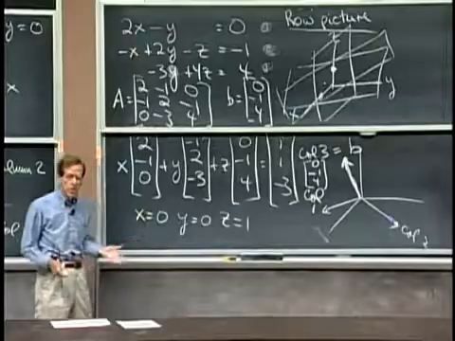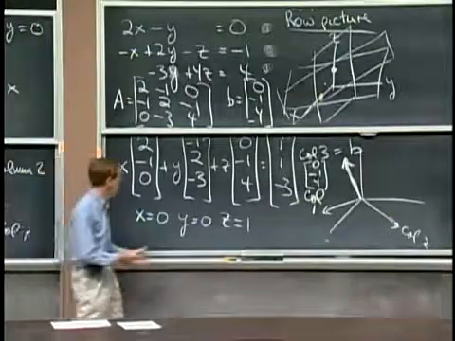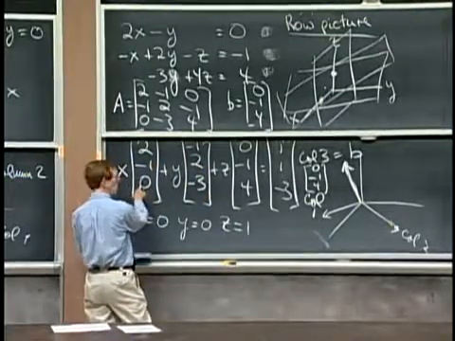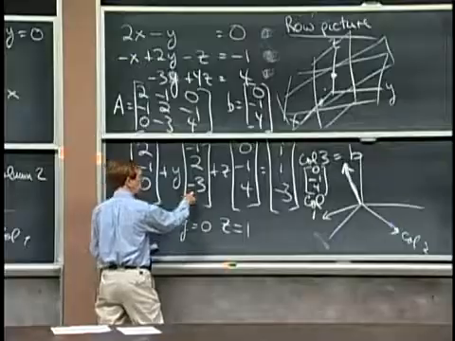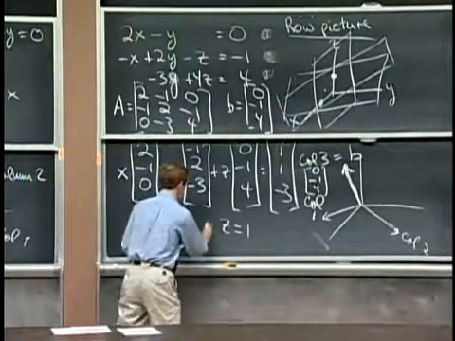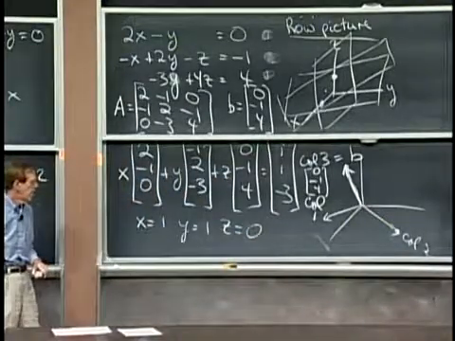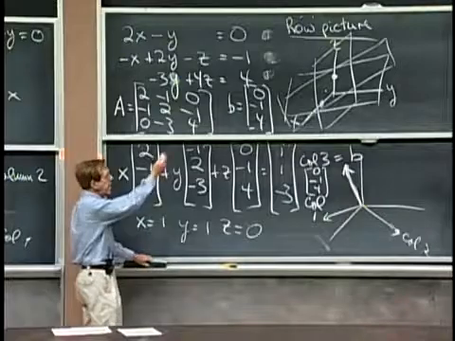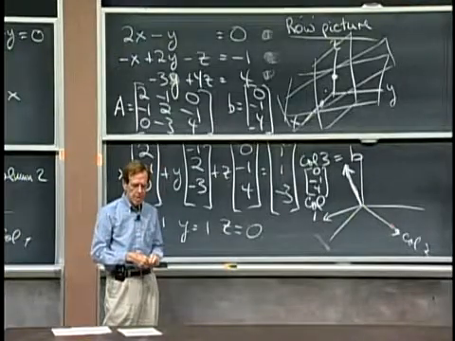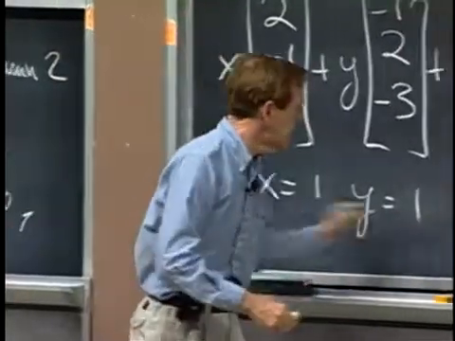Now, what's the solution with this new right-hand side? The solution with this new right-hand side is clear. Now I took one of these, and none of those. So actually it just changed around to this when I took this new right-hand side. Okay. So in the row picture, I have three new planes meeting now at this point.